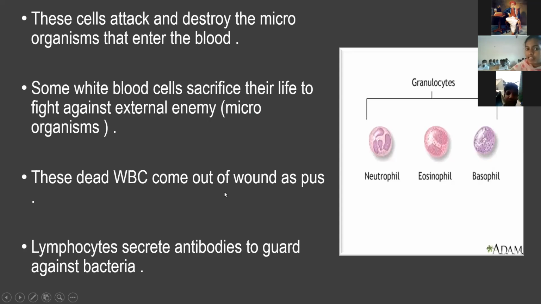Some white blood cells sacrifice their life to fight against the external enemy, that is called microorganism. Some white blood cells are very strong and some are weak.